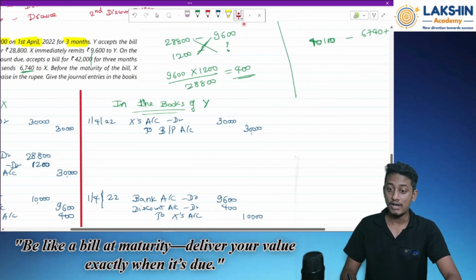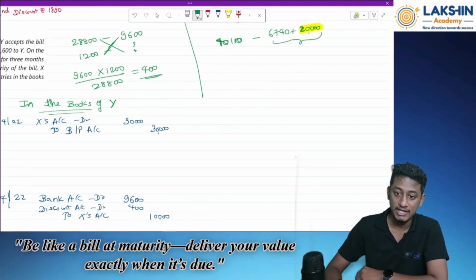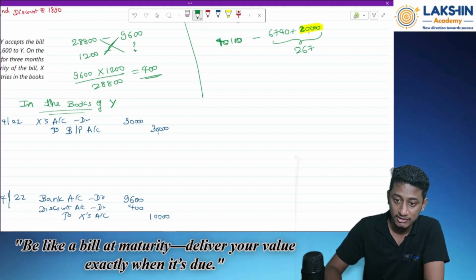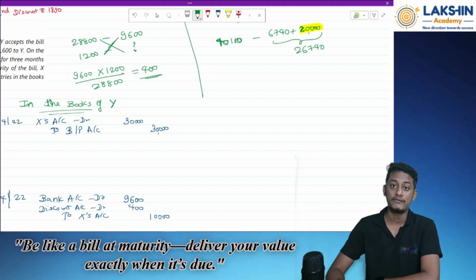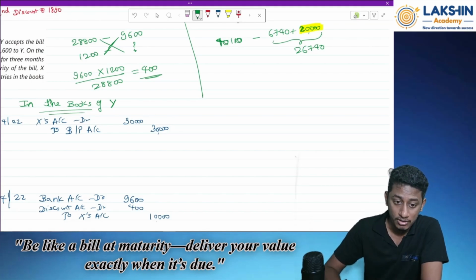So 20 was kept by X. So now while computing the discount, I need to compute it with both these amounts. With both these amounts, how much will that be? 26,740. 26,740 is the total amount due to Mr. X. And what is the discount amount? 1,890. Out of this, how much is to be received?